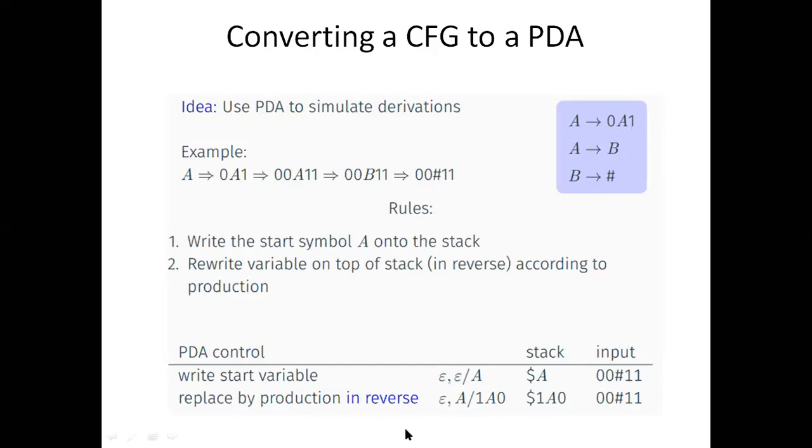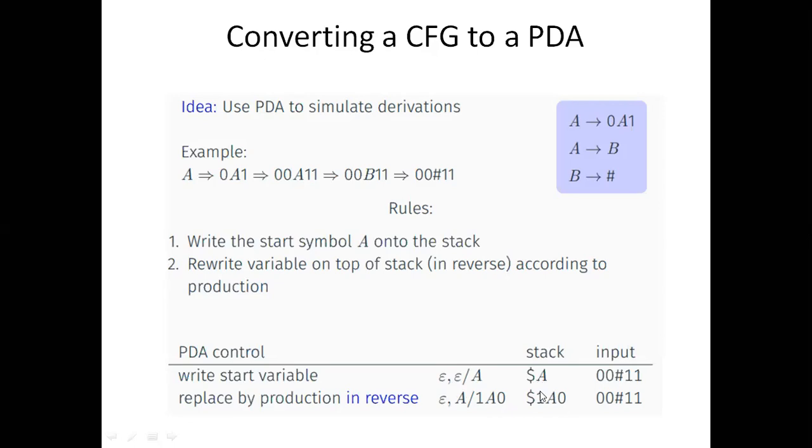Without consuming any input from the input tape, if A is there on the stack top, then push these three symbols on the stack. That is what is now done with the help of this transition. If you want this to be the content of the stack, we should have this kind of rule or transition on your PDA.